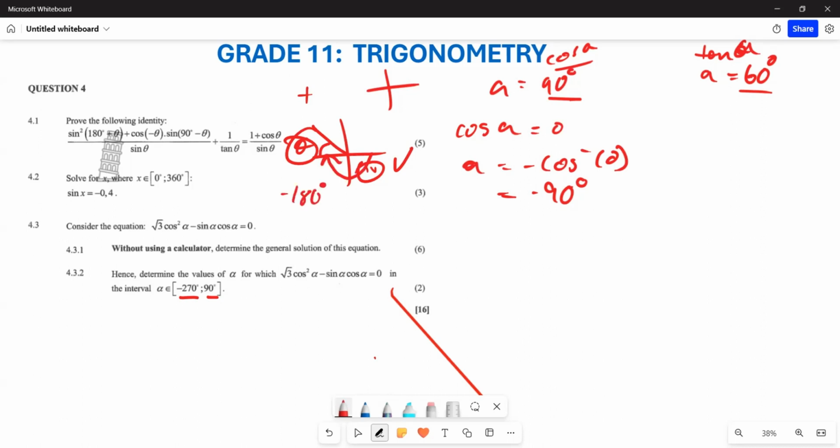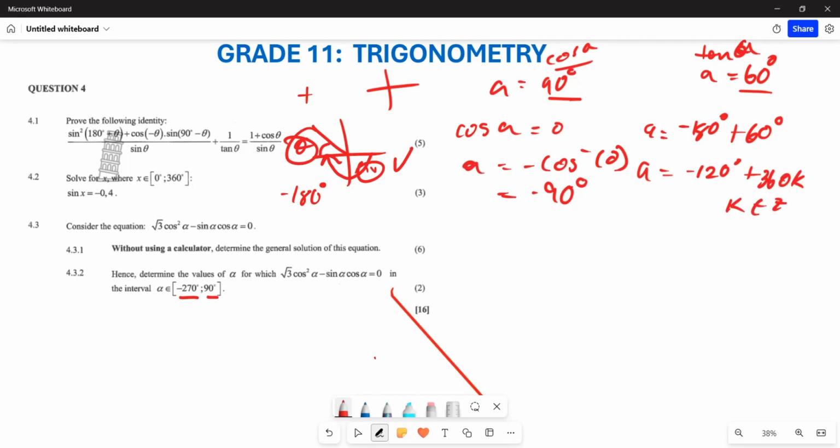So basically here you're going to have negative 180 degrees plus 60 degrees. Your A here is going to be negative 120 degrees plus 360k, where k is an element of the integers, right?